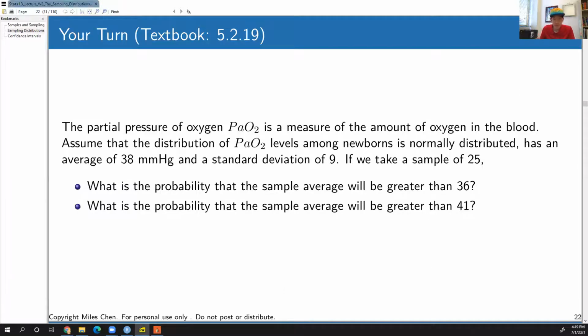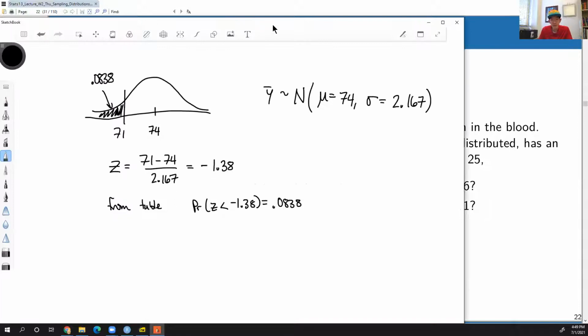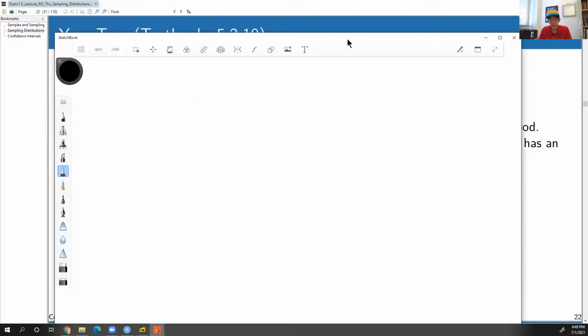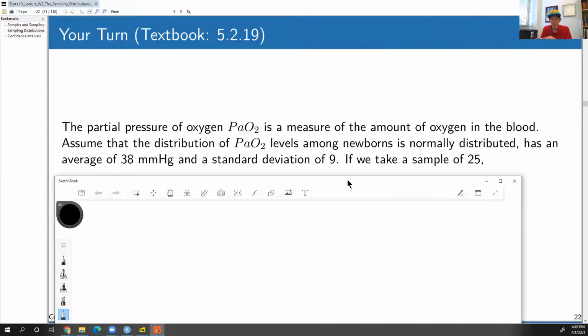All right, so let's take a look at how we would get the answer to this. We said the values have a mean of 38, standard deviation of 9, and we're taking samples of size 25.